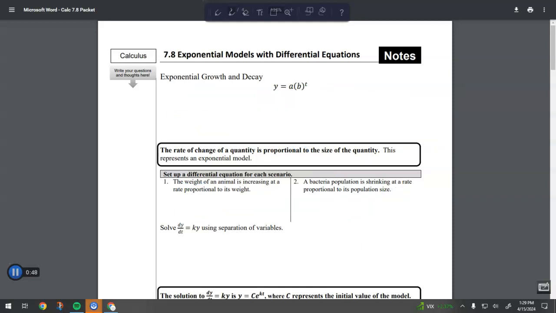I'll set up a differential equation. So the bacteria population is shrinking at a rate proportional. So the population is shrinking, so that means it's changing. So that means derivative.